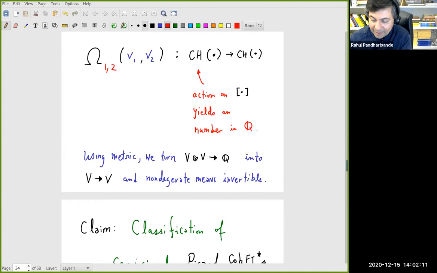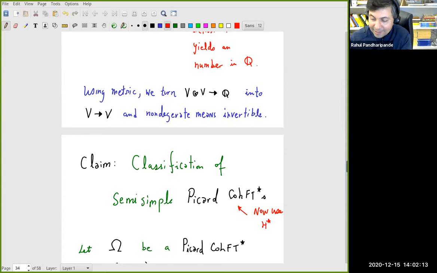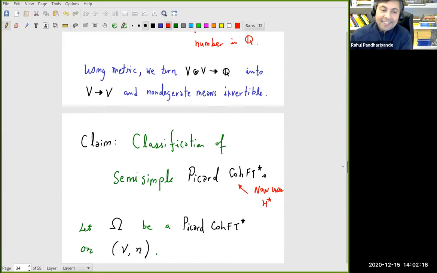Okay? And so then the claim, this is the first claim that has some teeth. And when I say claim, I mean that at least in discussions with Dimitri, it seemed like not impossible that it's true and there's a chance to prove it. That's the strength of the claim I'm making. All right, the classification of semi-simple Picard CohFTs.